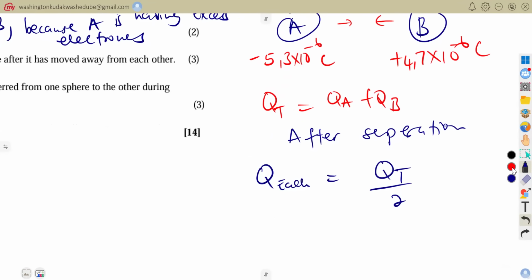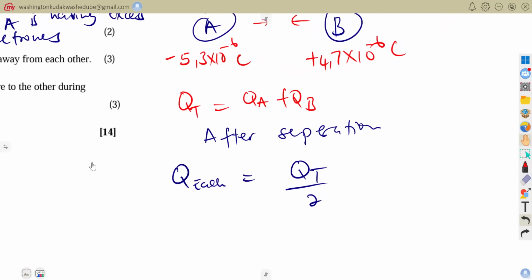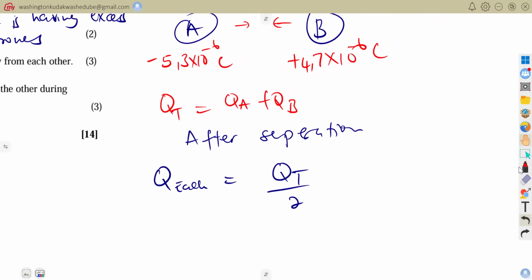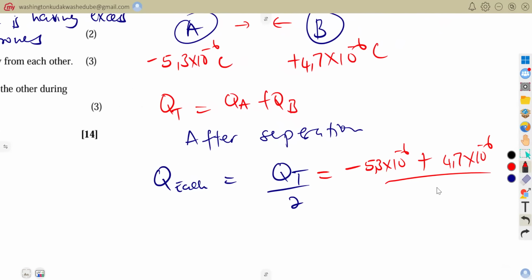Now, what is Q total? That is what we want to calculate, and then we divide by 2. Then we would be able to determine our charge of each. So we are going to say negative 5.3 times 10 power negative 6 plus positive 4.7 times 10 power negative 6 divided by 2. That is the final charge after separation.